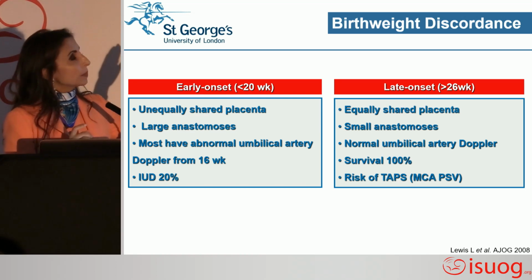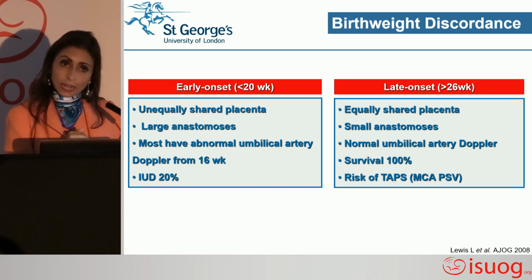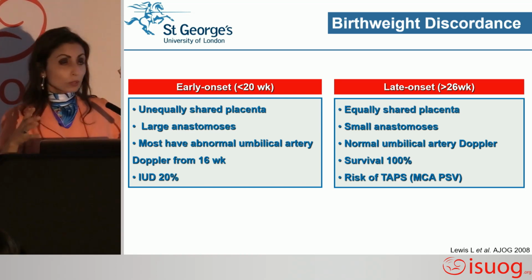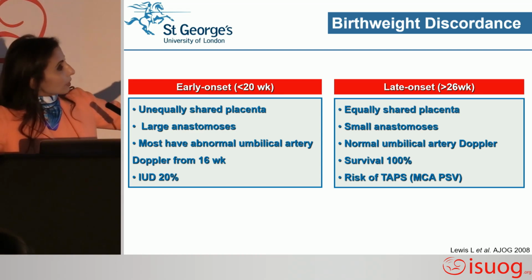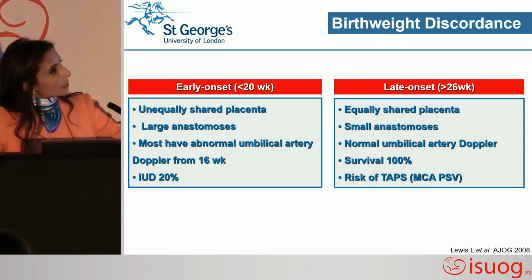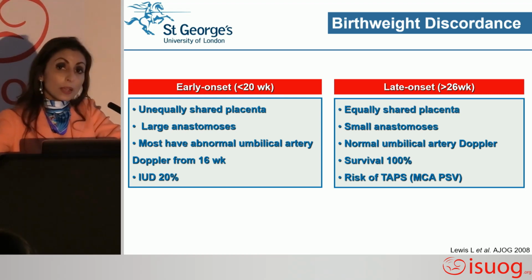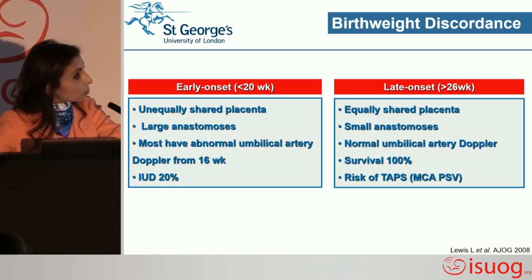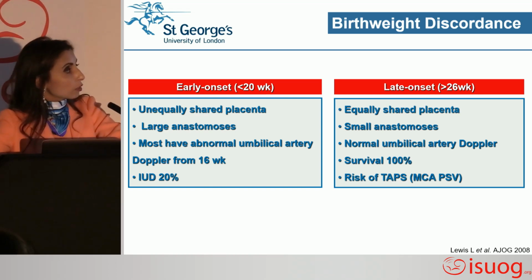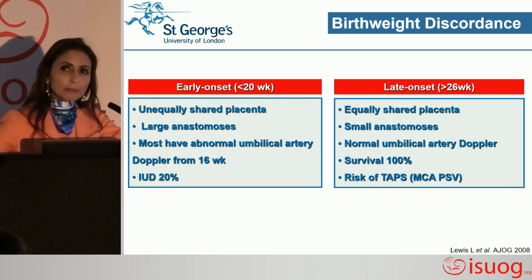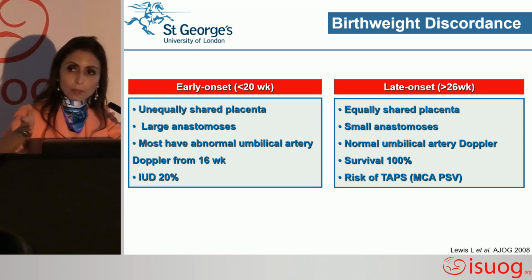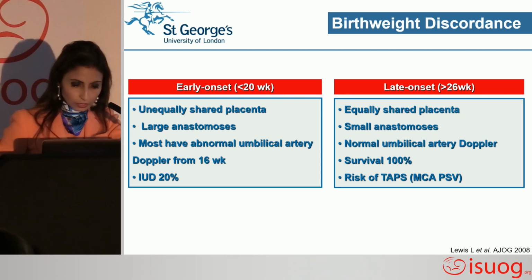If it's early onset, often they tend to be quite severe, with an increased risk of demise, 20%, while in the late cases, when you have a discordance after 26 weeks, the majority of these pregnancies do very well. The survival rate is really high, but be careful because of the risk of TAPS, twin anemia polycythemia sequence, in these pregnancies. And therefore, you should be looking at the MCA peak systolic velocity in these pregnancies, not just in the follow-up after laser for TTTS.